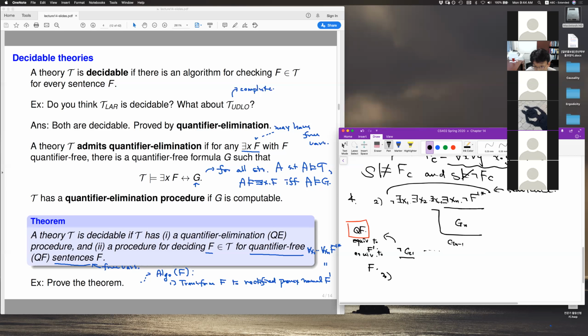So this negation of G1 will also be a sentence. It doesn't have any free variable and is also quantifier free. So by the second assumption, we can assume the procedure.